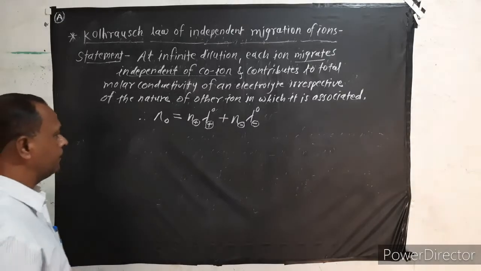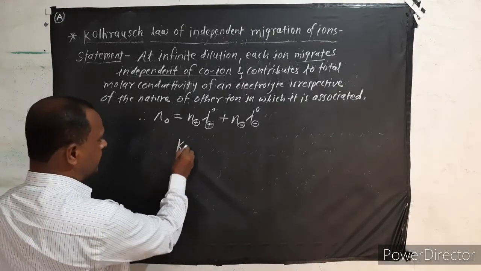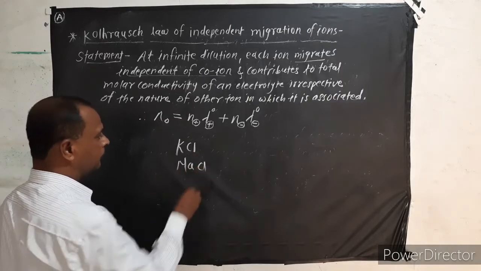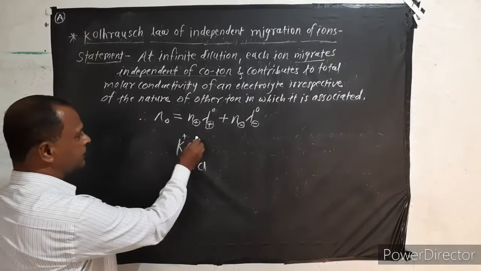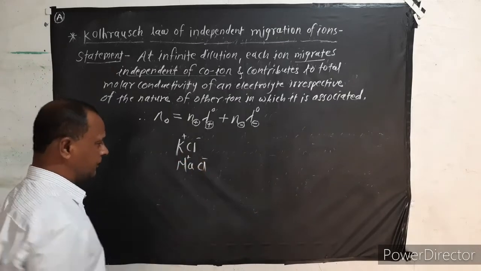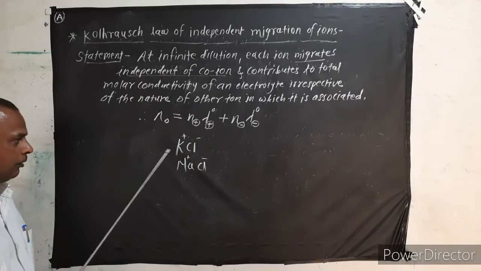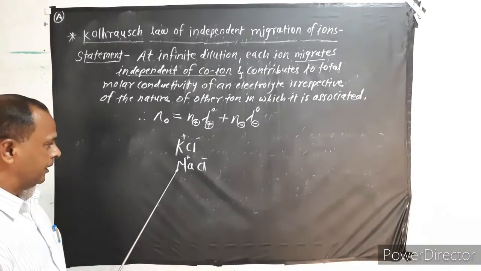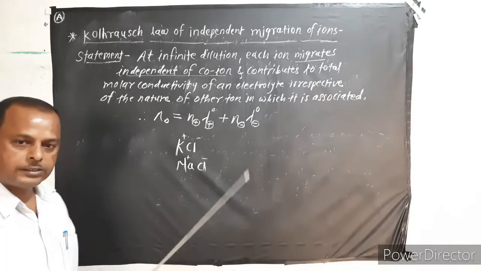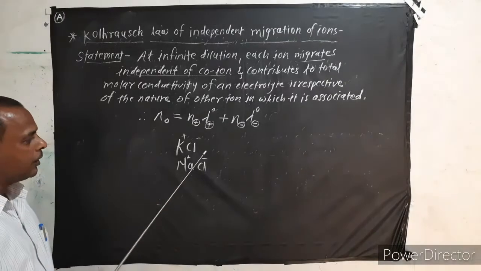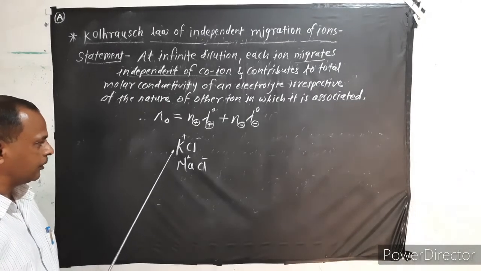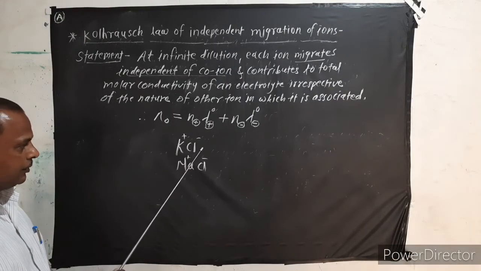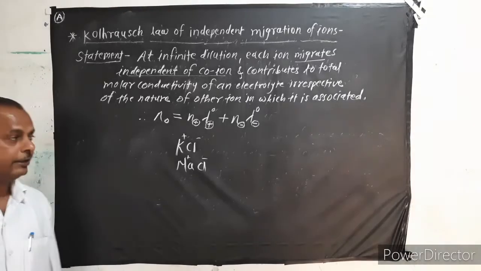For example, KCl or NaCl: K plus Cl minus, Na plus Cl minus. In these electrolytes, K plus and Na plus are cations and Cl minus is the anion. So the co-ion of potassium and sodium is Cl minus, the anion.